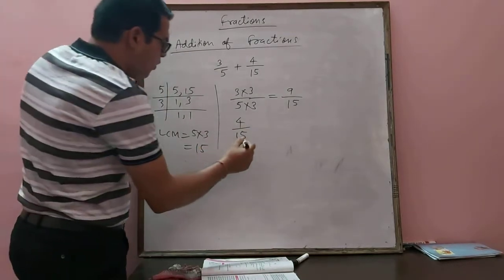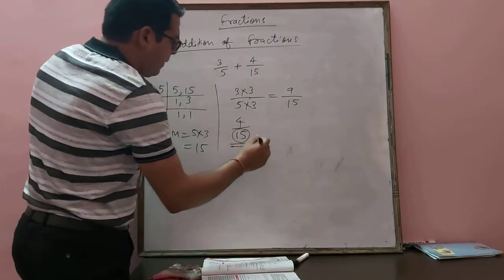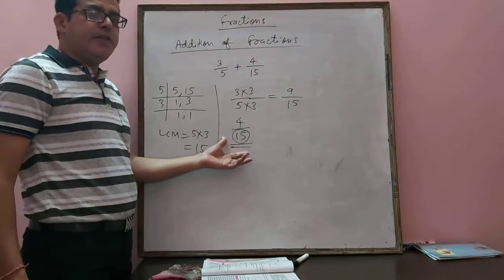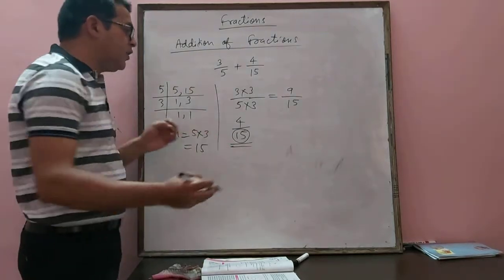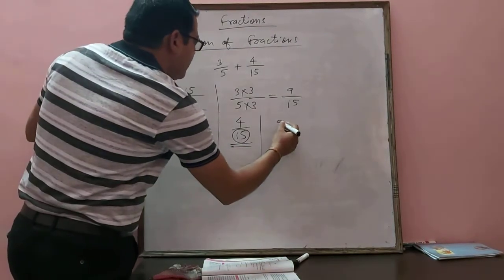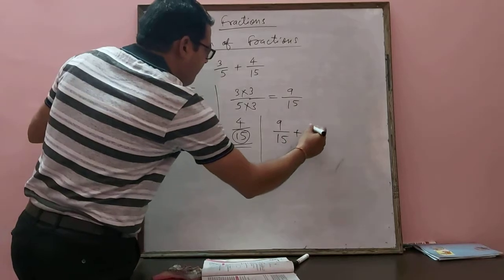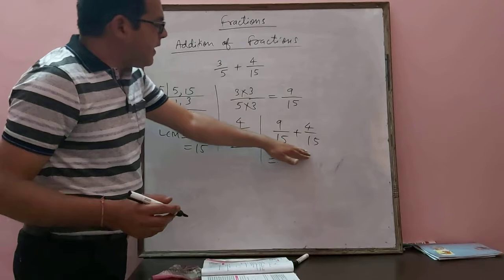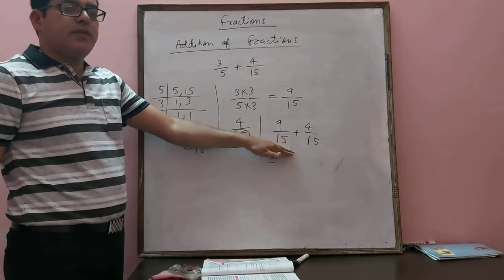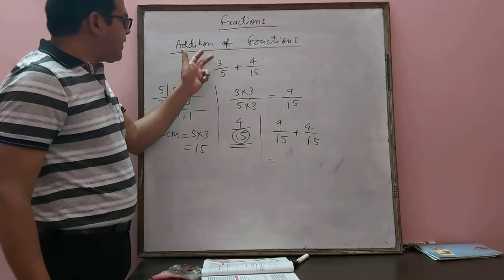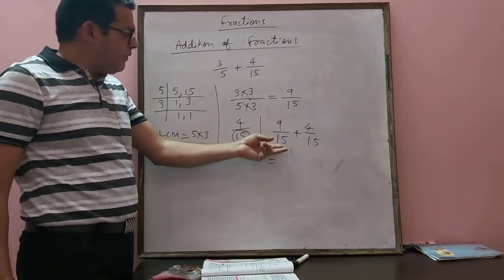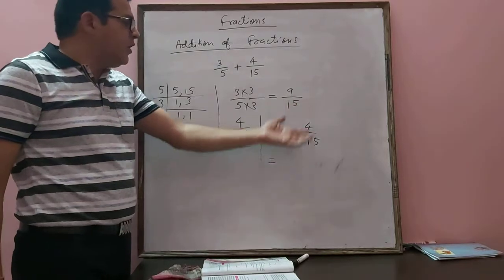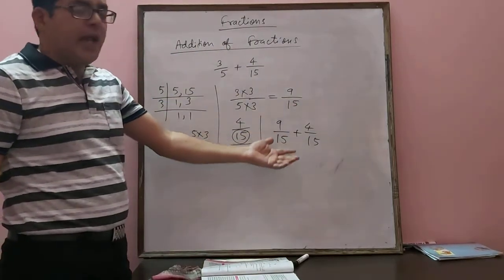It already has 15 as a denominator. That's what we need. So now we can write both fractions together and add them. Now these are equivalent fractions. The equivalent fraction for 3 by 5 is 9 by 15, and 4 by 15 as it is we can write it. So these are like fractions also.